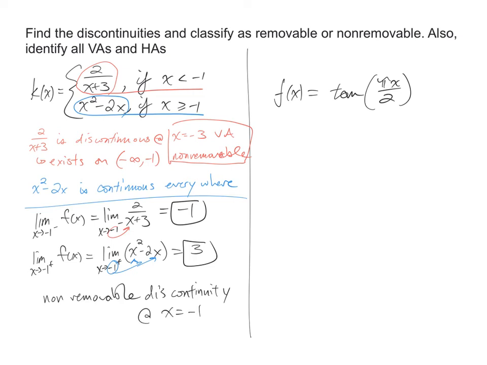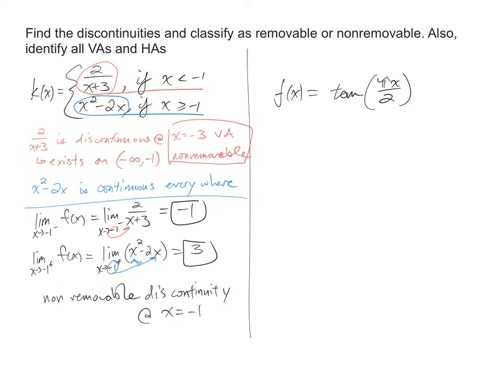It's not a vertical asymptote, it's just that these two functions don't meet up at a single y value. So we found a non-removable discontinuity and a vertical asymptote at the same time at x equals -3. We found a non-removable discontinuity here at x equals -1.